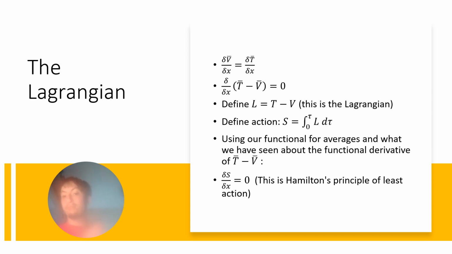And so it's called Hamilton's principle of least action because it's particles trying to minimize the action. And so this simple equation involves some quite abstract concepts like functionals and functional derivatives, but it's beautifully simple and it captures all of Newton's second law.